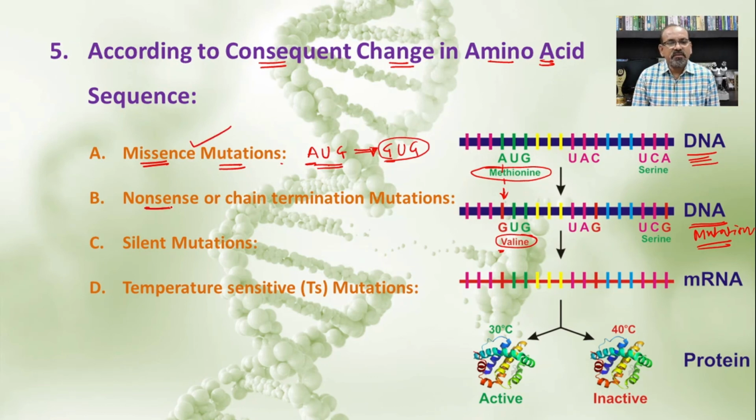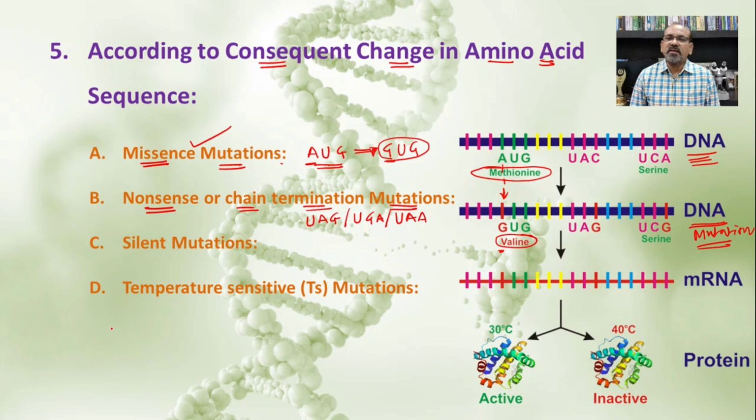The second one is the nonsense or the chain termination mutation. There are 3 different codons, that is UAG, UGA and UAA, which are considered chain termination codons or nonsense codons or the stop codons.